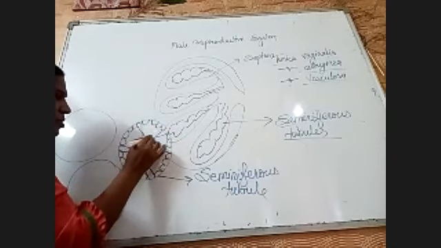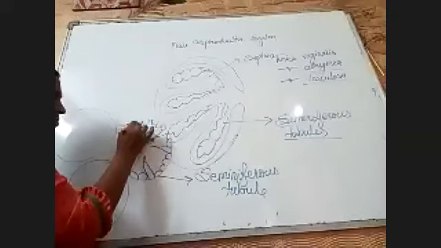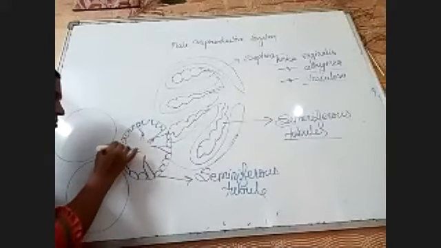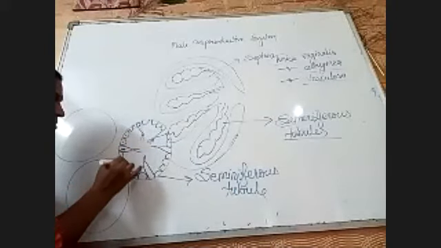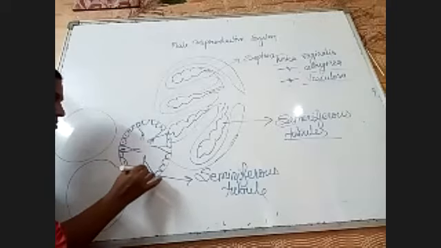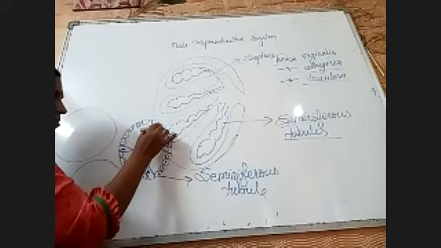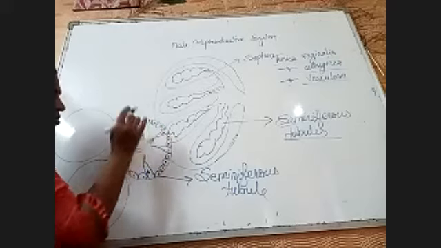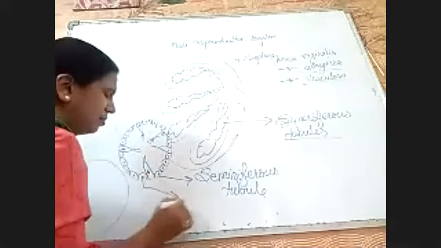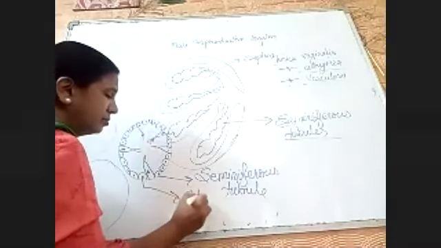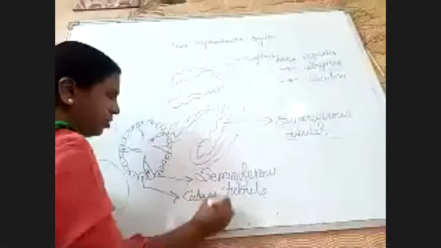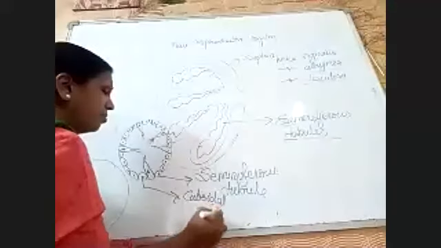Such type of structure we will see here. So these are the cuboidal epithelium. Okay.